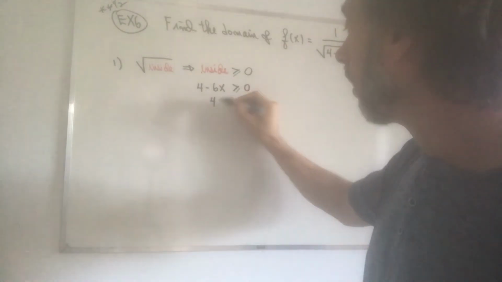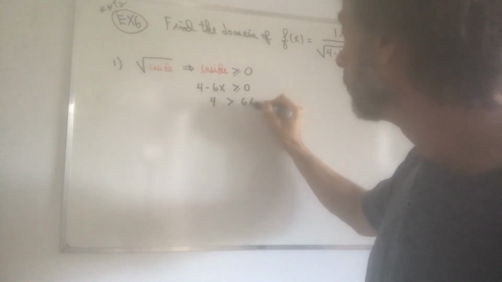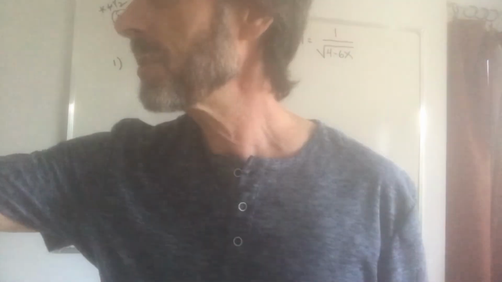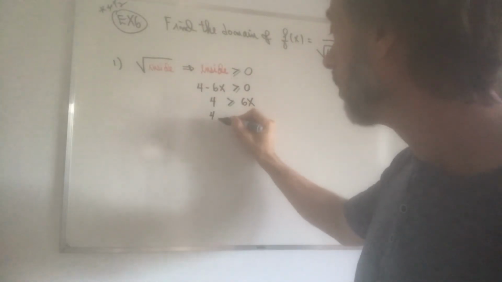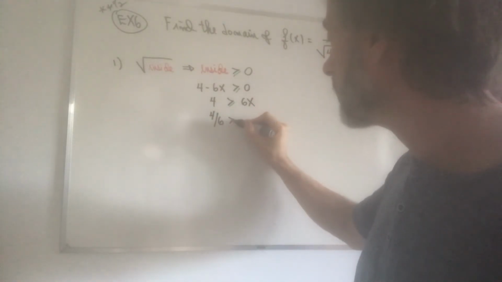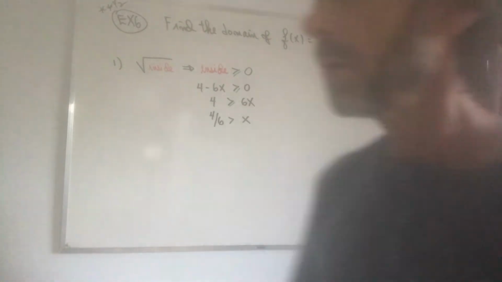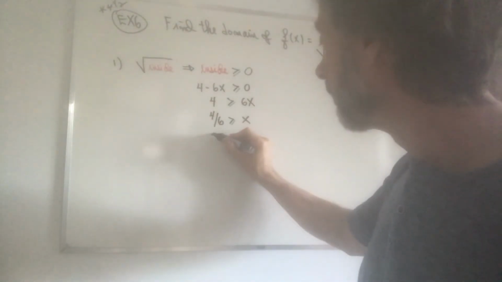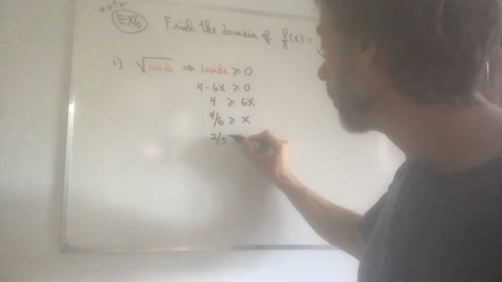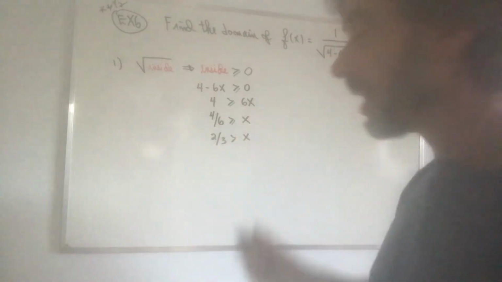So that's 4 greater than or equal to 6x. You know what I've done here. I have switched 6x to the other side. And that means that 4 over 6 is greater than or equal to x, which is the same thing as 2/3 greater than or equal to x.